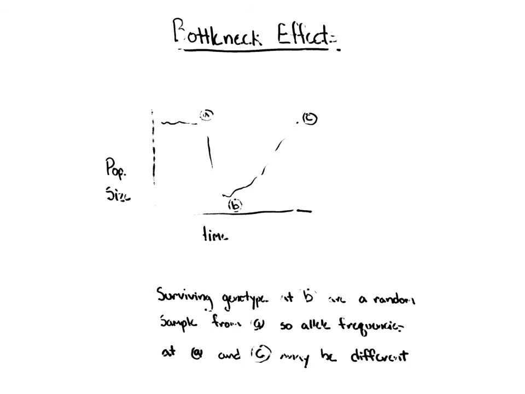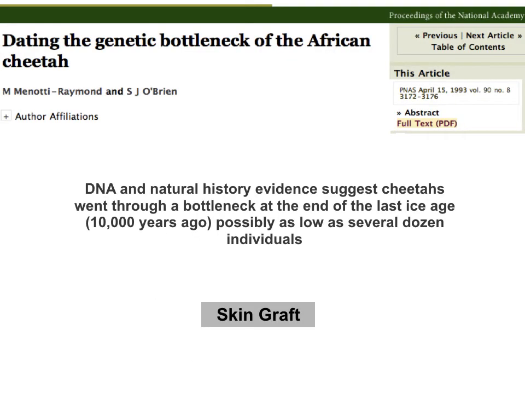And we do have a number of examples of populations going through these bottleneck effects and the results of that all over. One example of that is cheetah populations. Cheetahs went through a dramatic bottleneck effect around 10,000 years ago, where their populations nosedived.